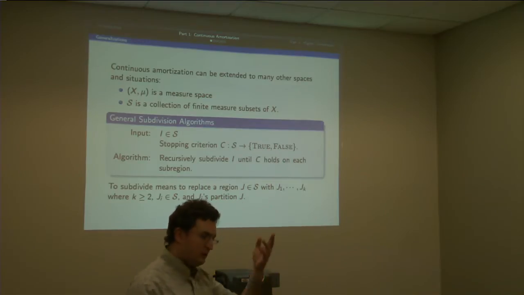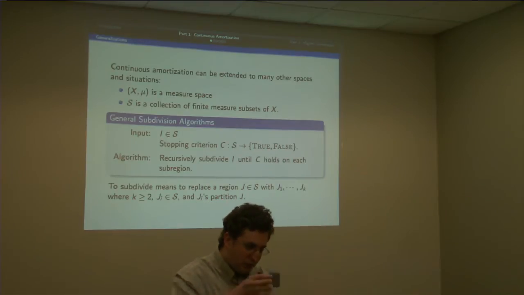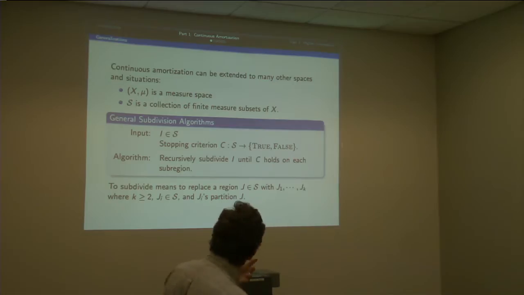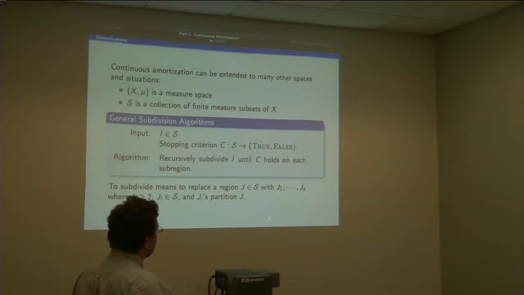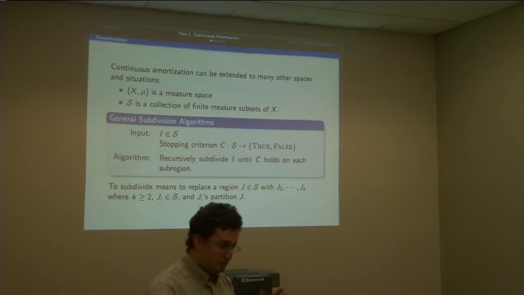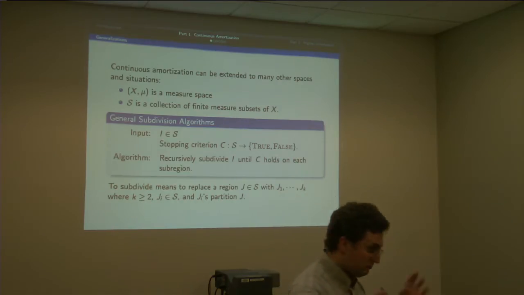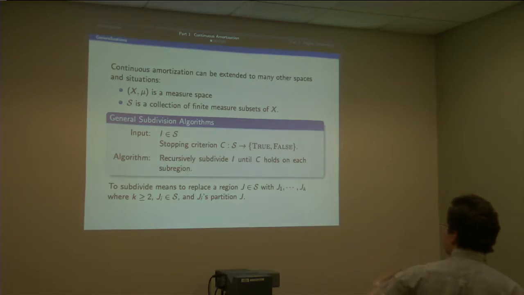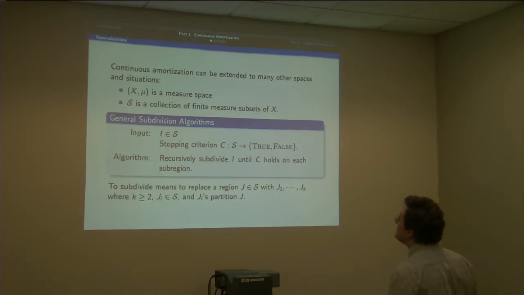But instead of splitting a region into 4 pieces, or bisecting it, I don't care. Just break it up into pieces. Every time I replace a region with smaller regions, at least 2 of them, they partition it. I can break it up any way I want, as long as all of the things I break it up into are subsets of X, are in that S.